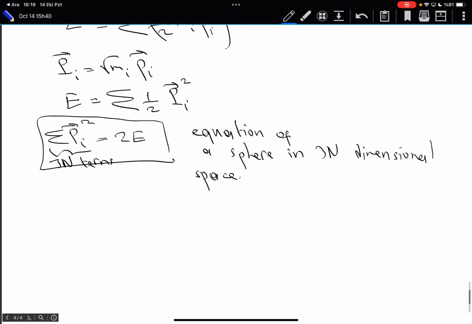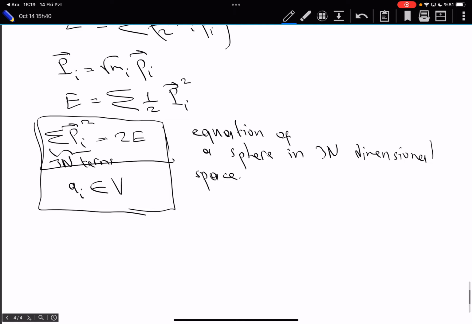And also keep in mind that this is not the only restriction I have in my phase space. I have q_i should be within my volume V. So these two equations define the available region in my phase space. Well, this basically defines some kind of a hypersurface for me.